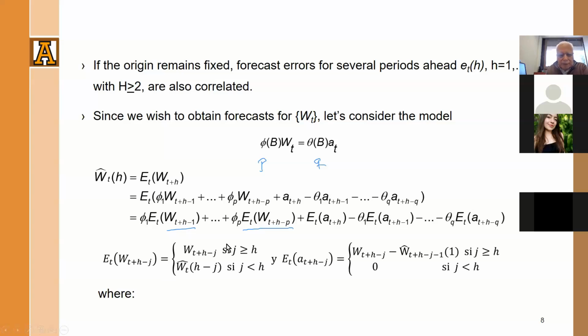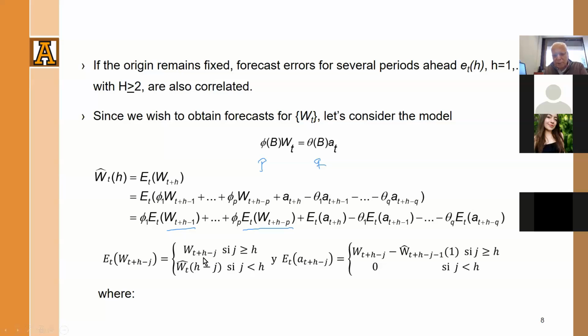So now, what are these conditional expectations? The WT plus h minus j in general, because we have t plus h minus 1, t plus h minus 2, up to t plus h minus p. The conditional expectation of WT plus h minus j, if j is greater than or equal to h, will be the observation, because here we're in the past.